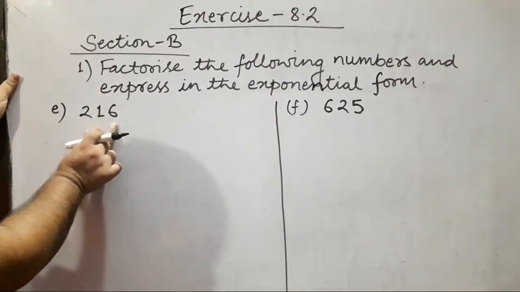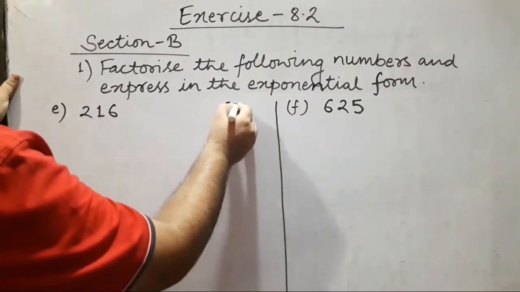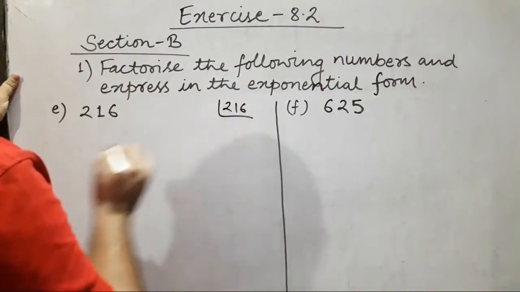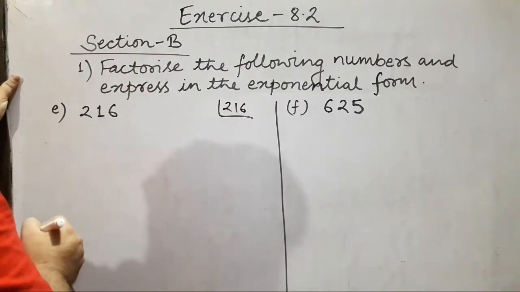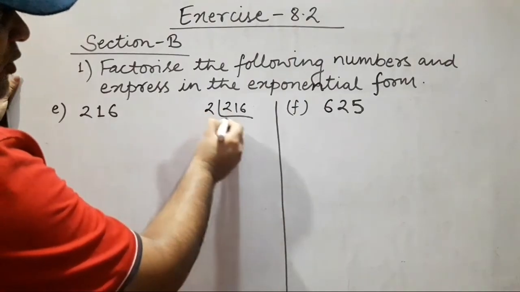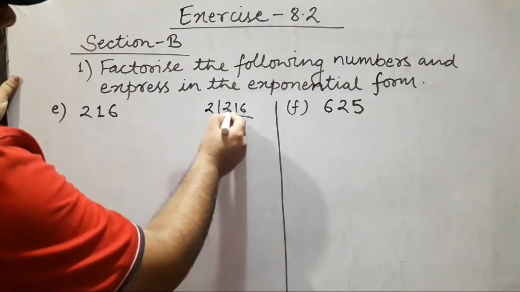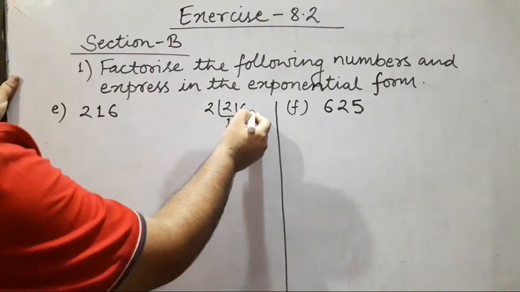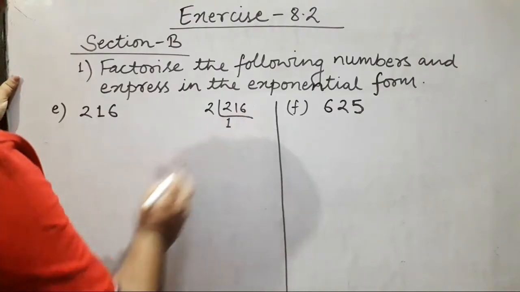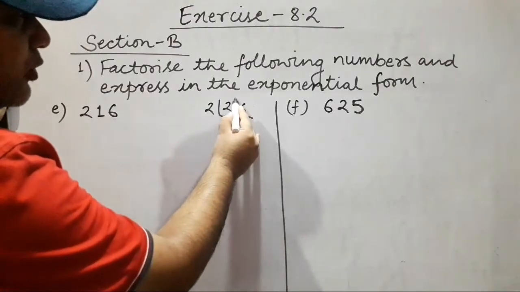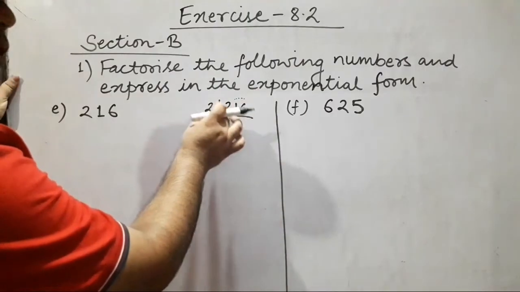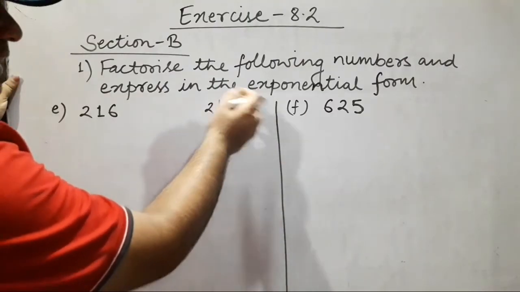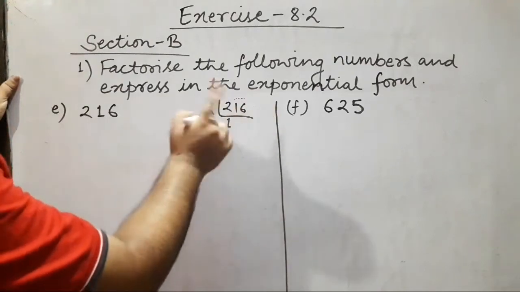Factorize 216. I know that most of the students make a mistake while factorizing. They write 2 1s are 2 and they write 2 8s are 16. But remember, you cannot take two digits in the second step. In the first step, you can take two digits, but in the second step, you are allowed to take only one digit.